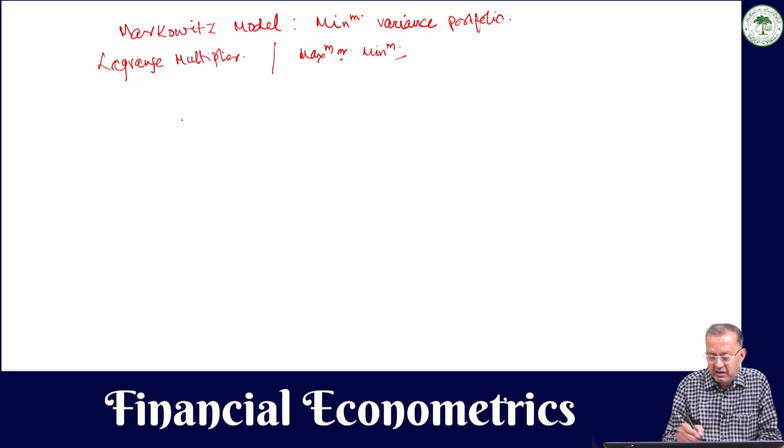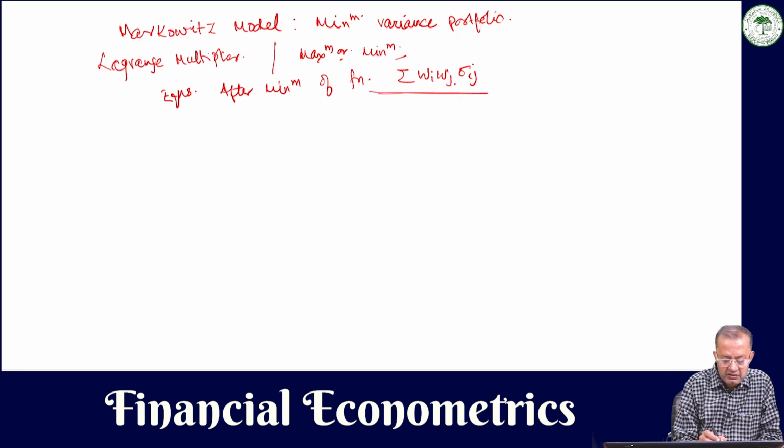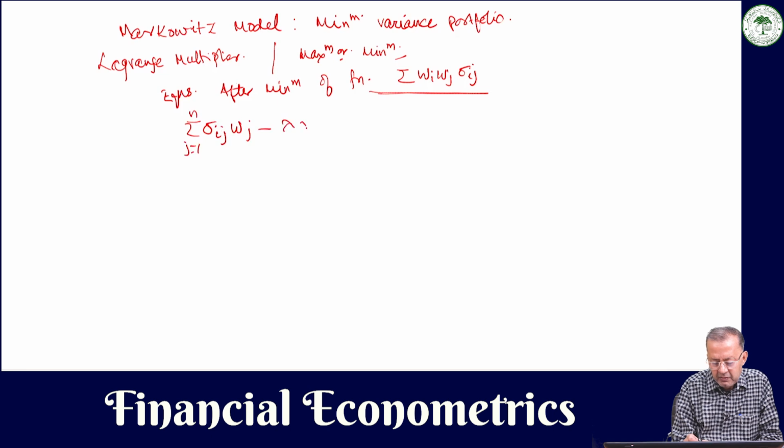The equations that we reached after minimization of the function sigma wi wj sigma ij, we obtained these equations: sigma ij wj, j is equal to 1 to n, minus lambda ri bar minus mu is equal to 0.